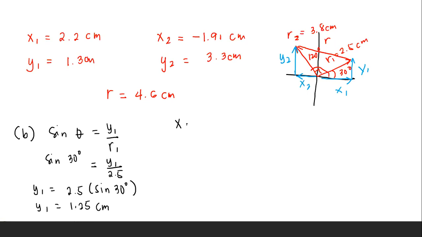Then your X sub 1, using the Pythagorean, is equal to square root of 2.5 squared minus 1.25 squared.